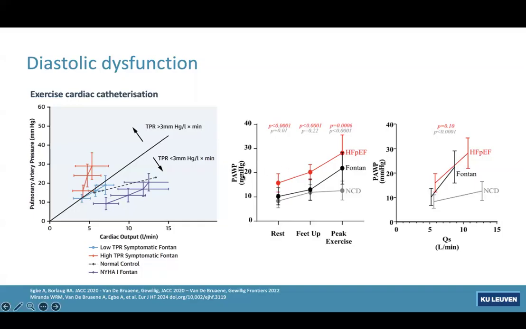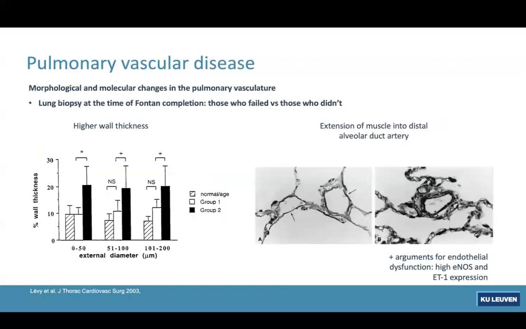And as you can see, the wedge pressure increase in those Fontan patients was actually very similar to a HFpEF population. So where PVR is obviously crucial for making a Fontan, and in the immediate post-op phase, when you have a child and you just constructed the Fontan circulation, later on when they become adults, other factors may be at play, and it may be diastolic dysfunction of that systemic ventricle.